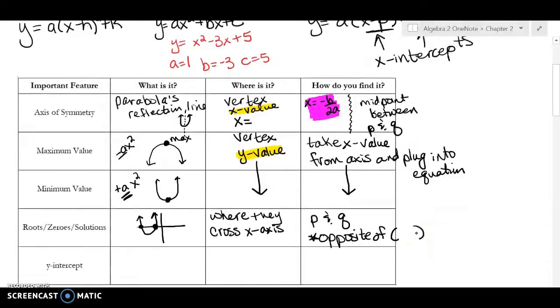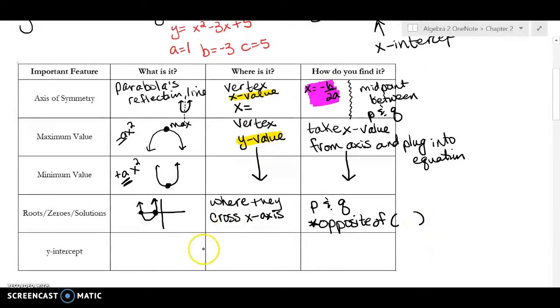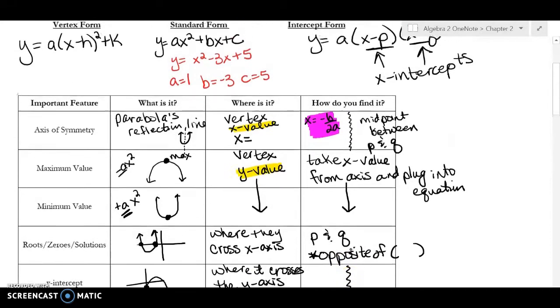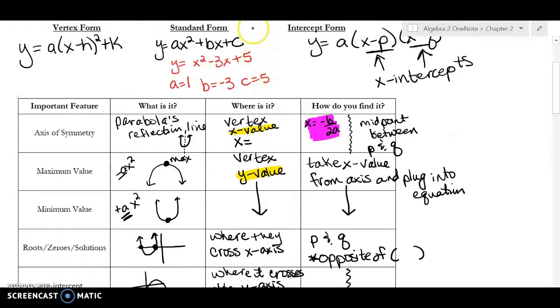Okay? All right, and then y-intercept. Y-intercept, if I have a graph, it's where it crosses the y-axis. Okay? There's two ways to find it. If you have standard form, it's the C value.